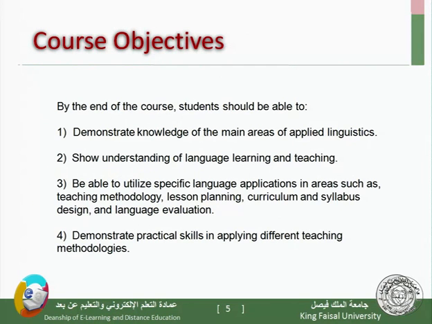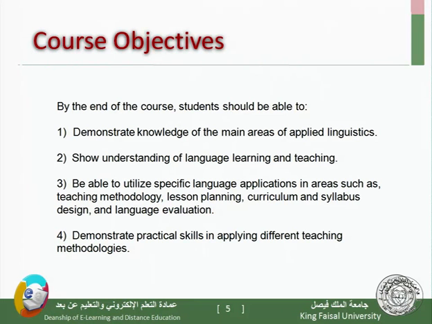The course objectives, as you can see now on the screen, is that by the end of the course, we hope, or I hope at least, that students should be able to demonstrate knowledge of the main areas of applied linguistics. Now, when we talk about applied linguistics, there are so many aspects.